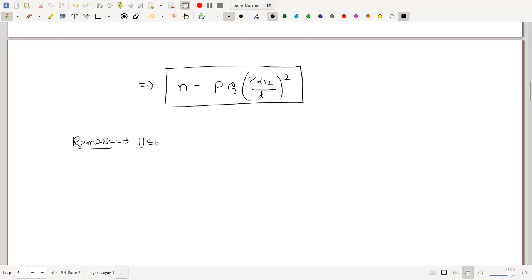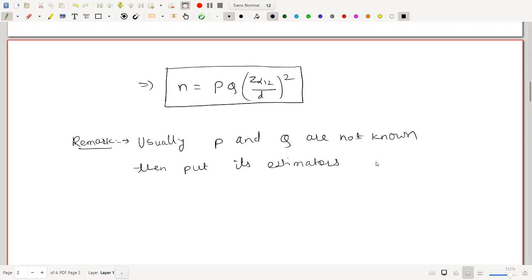Usually, if P and Q are not known, then put their estimators small p and small q. Then n will be small p small q, z alpha by 2 by d, whole square.